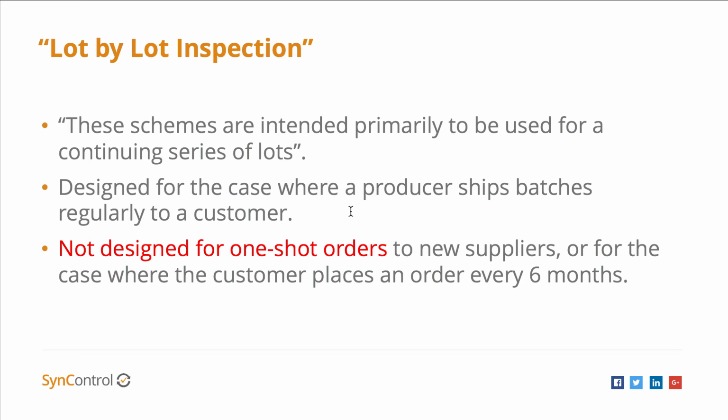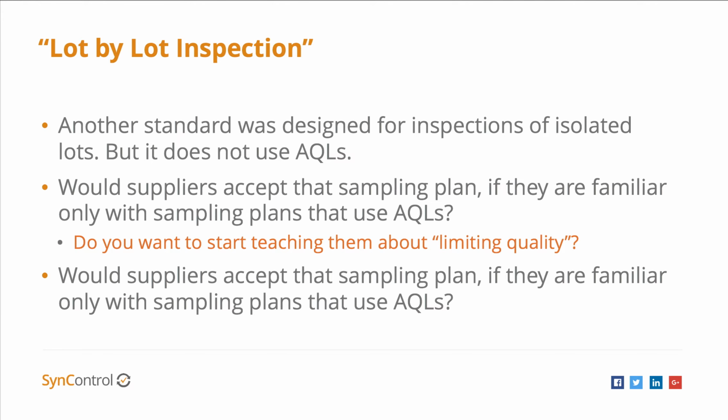All right, so it's for the case where a supplier, a producer ships batches regularly to the same customer, okay, the same product. If you do some one-shot orders to a new supplier, never made this product before, never sent it to you before, and so on, this is not really applicable. Okay, most people still use it, but be aware that by default the plan assumes that quality is okay, and it means the buyer's risk is higher than the supplier's risk. Right?